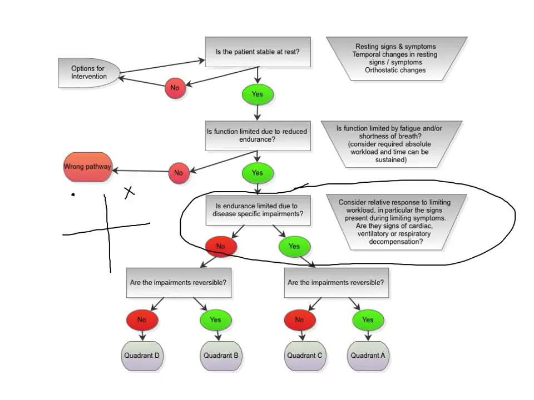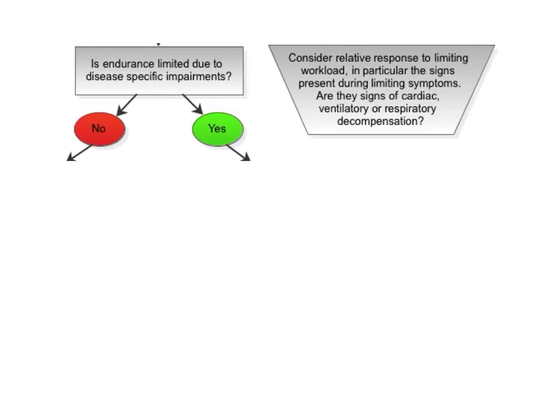And we've established that the normal response of the cardiopulmonary system to both steady state and graded exercise is an indication that the individual does not have a disease-specific impairment limiting their endurance.